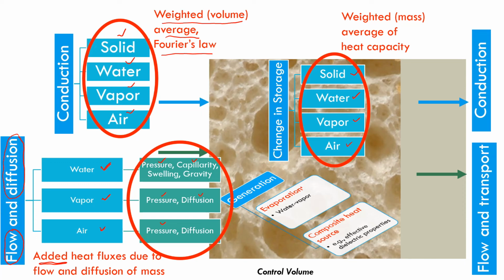And the way we're going to include all of them is a volume weighted average of heat capacity times the density, or the volumetric heat capacity weighted by volume of each one of the phases. So that's the big picture.